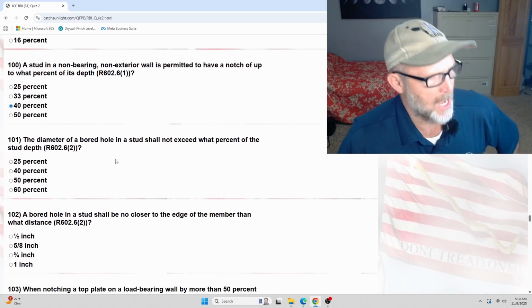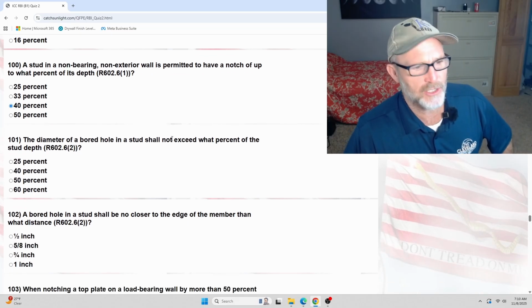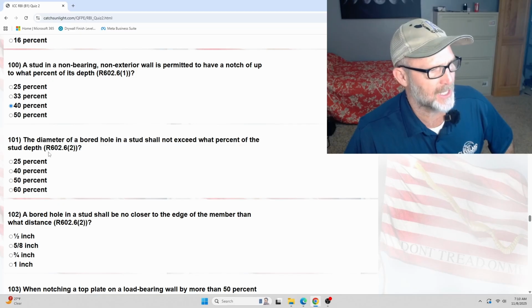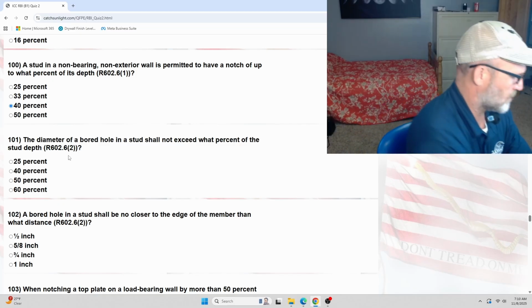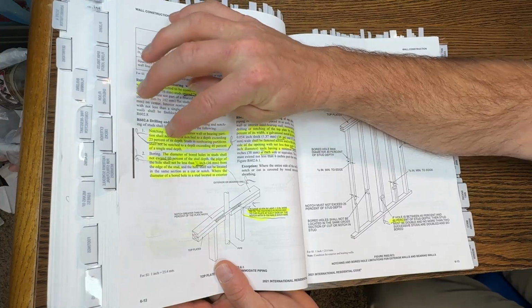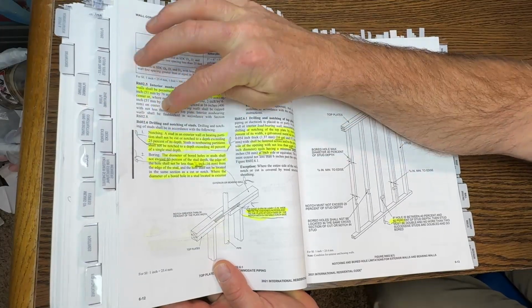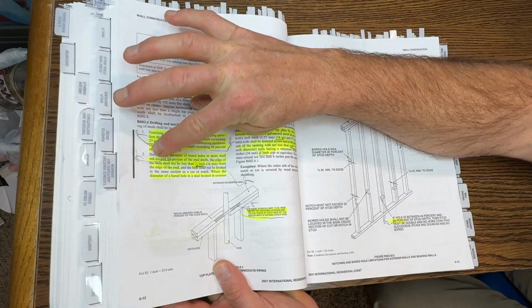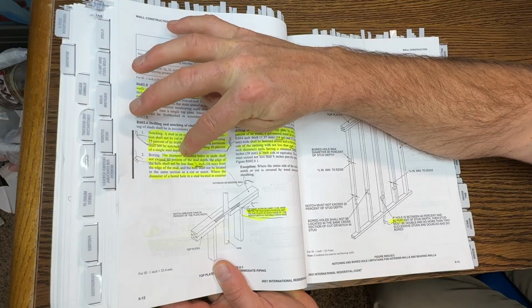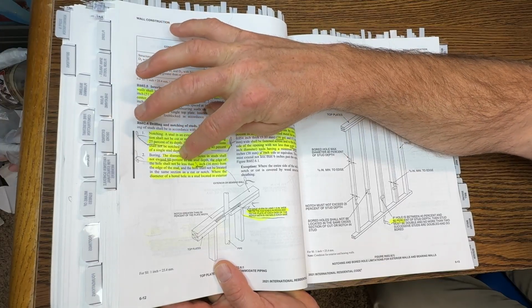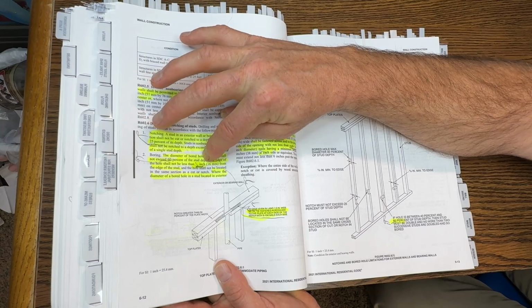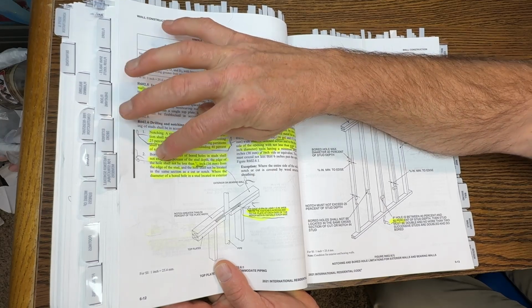101. The diameter of a bored hole in a stud shall not exceed what percent of the stud depth? R602.6.2. Boring. The diameter of bored holes in studs shall not exceed 60% of the stud depth in the edge of the hole.